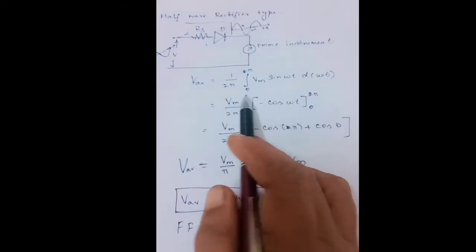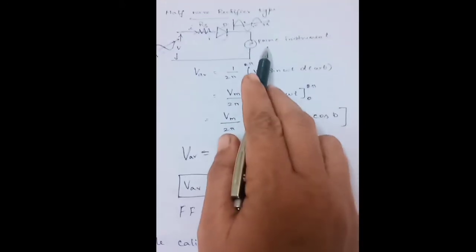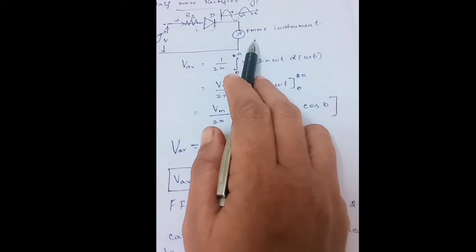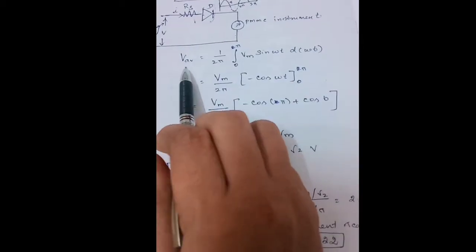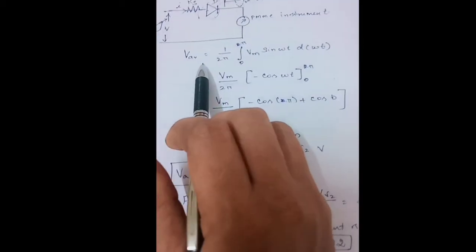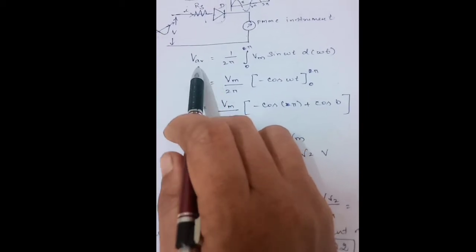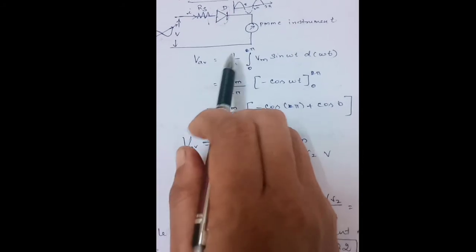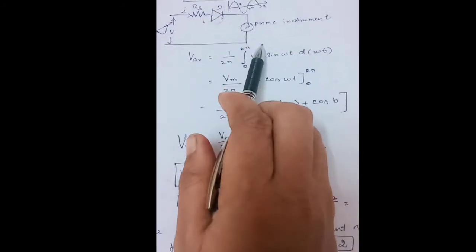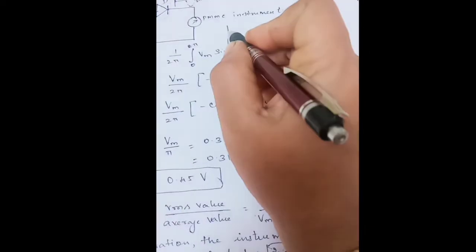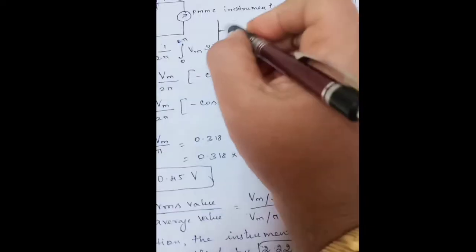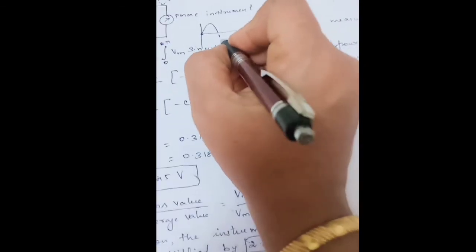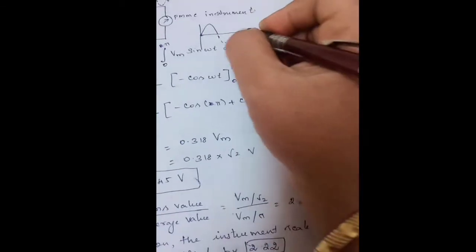Normally any PMMC instrument will be measuring only the average values of voltages. So we are going to derive the equation for V average. That is, V average is nothing but the average value of voltage at the PMMC instrument here. When we look at the output of this PMMC instrument, at the negative half there won't be any output.